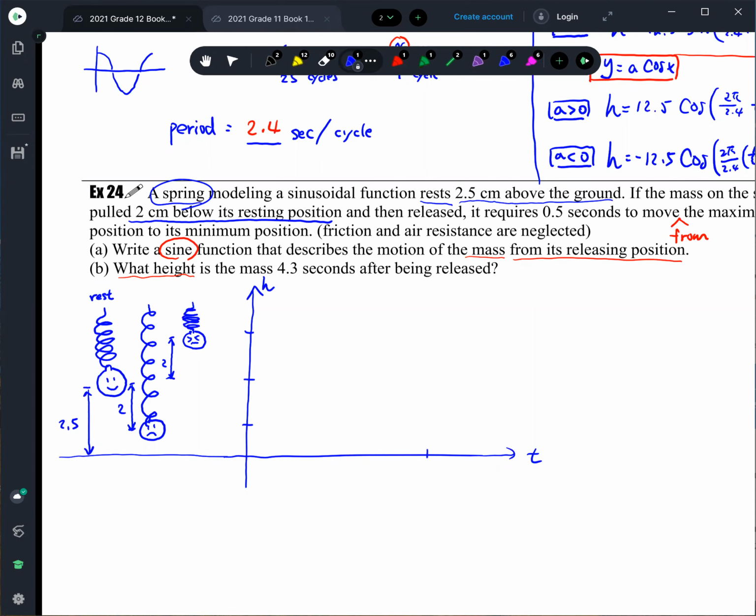Is it 4.5? 4.5 above the ground, right? Yes. Yeah, very good. Okay, because resting is at 2.5, it's pulled up by another 2, right? 4.5 centimeter. Okay, minimum, what's the minimum height of this weight? Sophie?